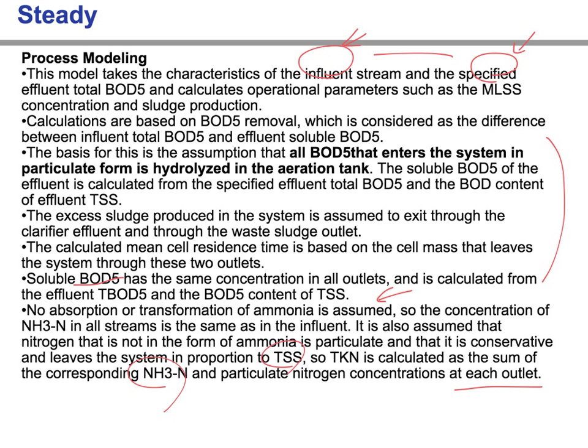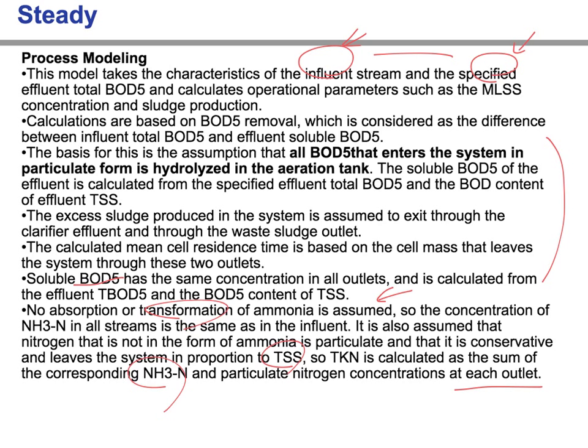So this statement means that the first model we are talking about here does not have any functions for calculating the oxidation of ammonia. No transformation of ammonia is considered. So if you have ammonia, you will have the same concentration of ammonia in the effluent.